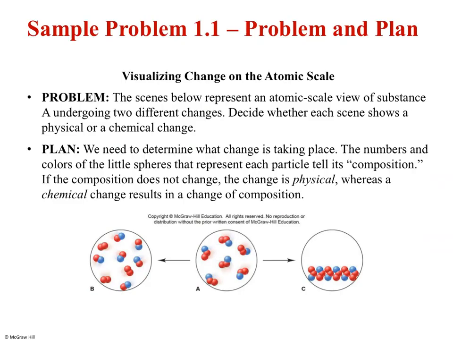Here, in your notes, just look at these and try to decide if there's a physical change or a chemical change. What I like to do is look at the periodic table and see if we can come up with something, like this could be H2O, where the H is represented by 2 red and the O is blue.